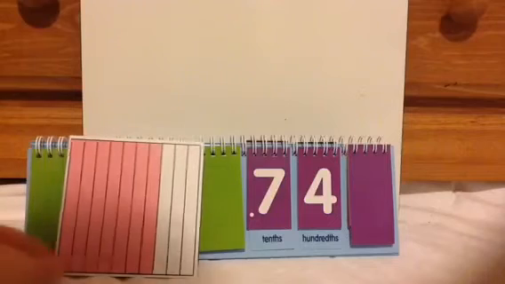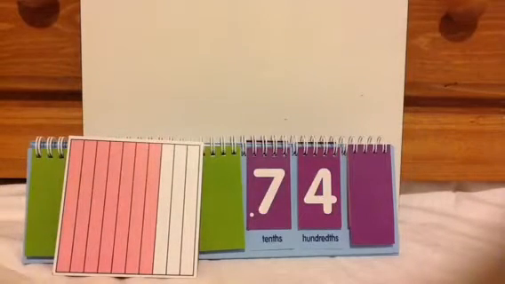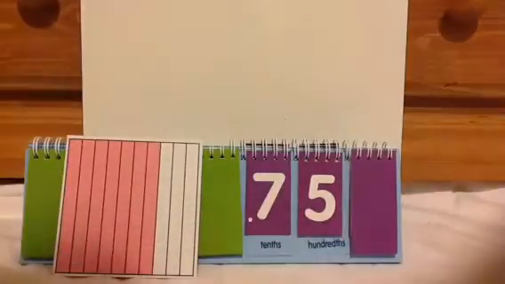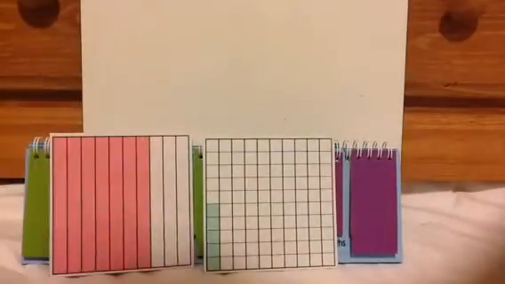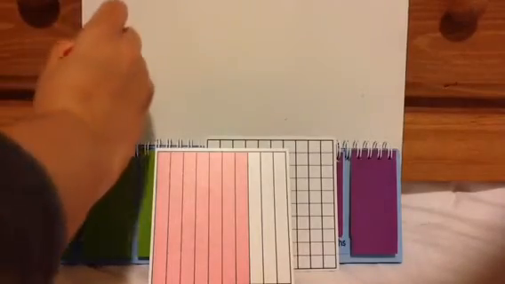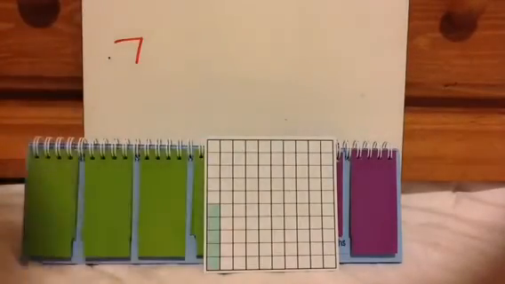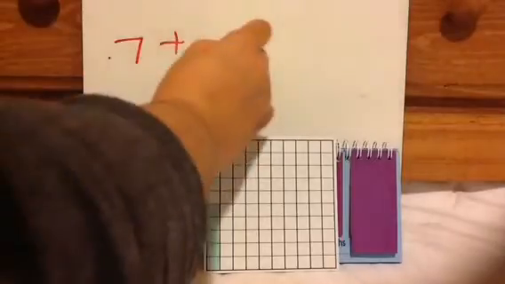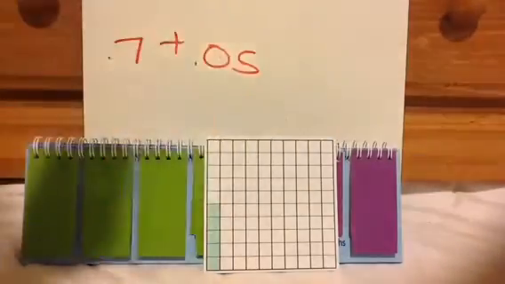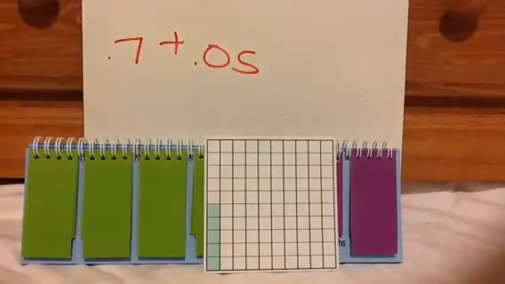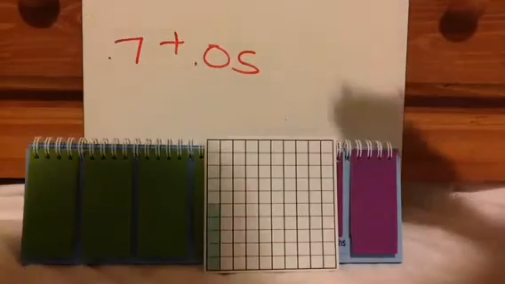So here's 7/10, and then let's change this to 5/10. So I have 7/10 and then 5/100ths.